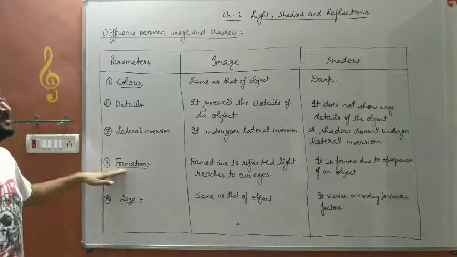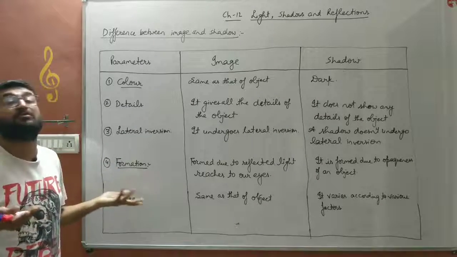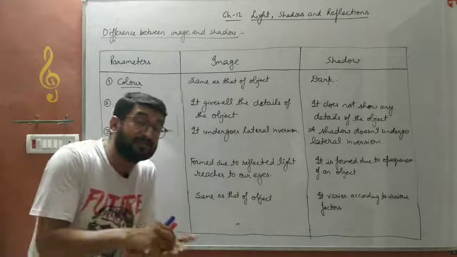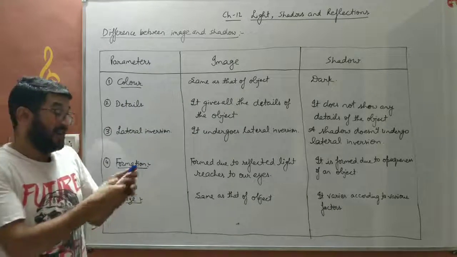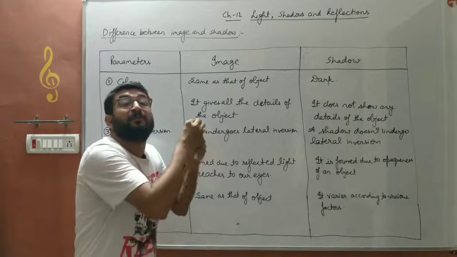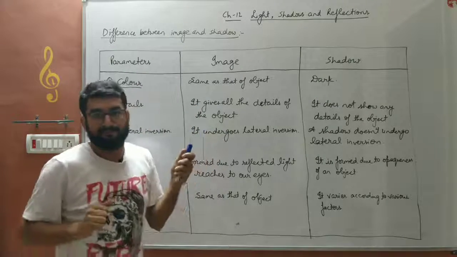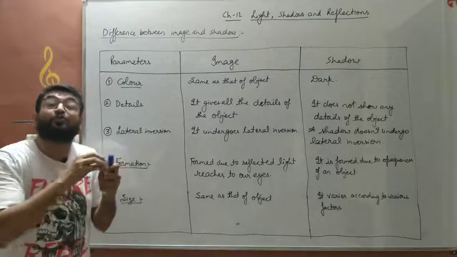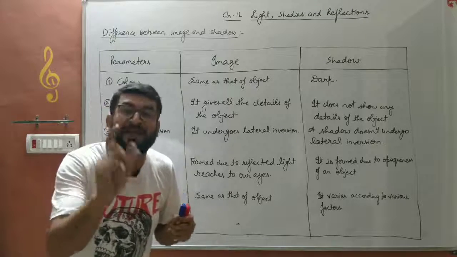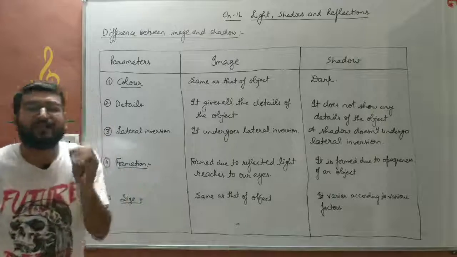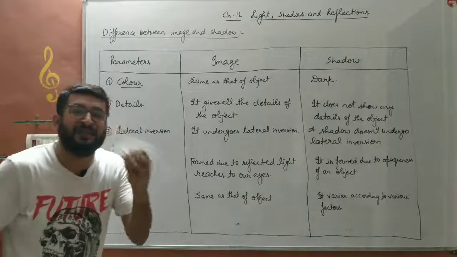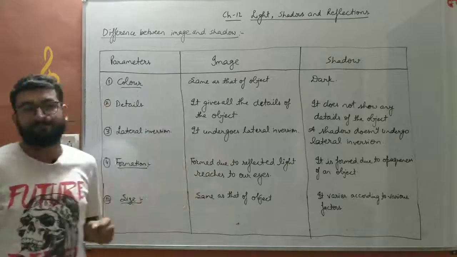The fourth characteristic is formation. How does it form? What is the principle behind its formation? Image is formed when light rays get reflected from a particular object. The formation of an image occurs due to reflection of light, the bending back of light from that particular source.